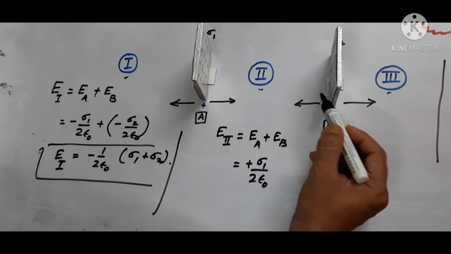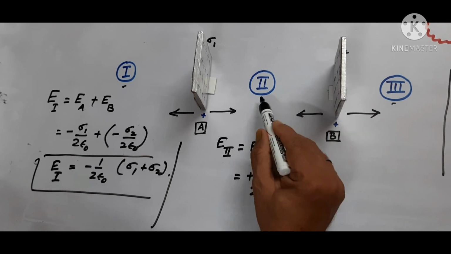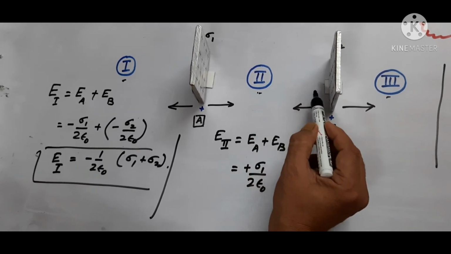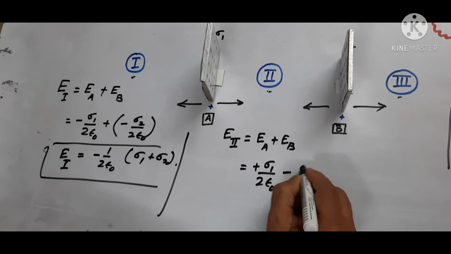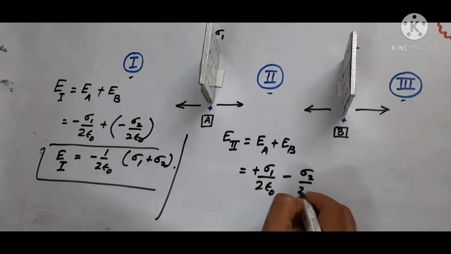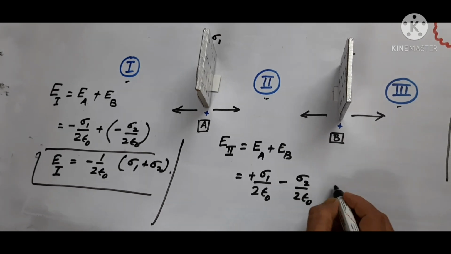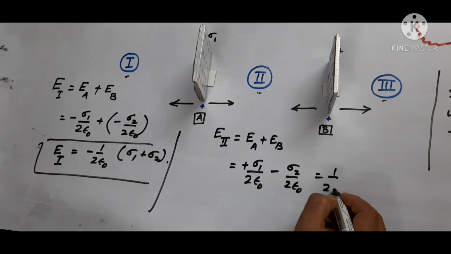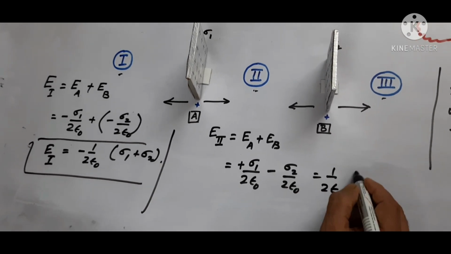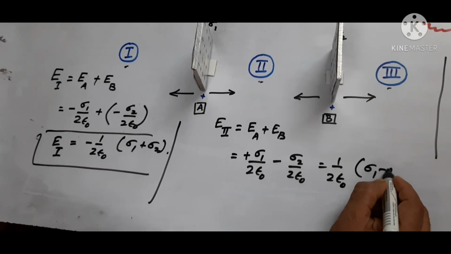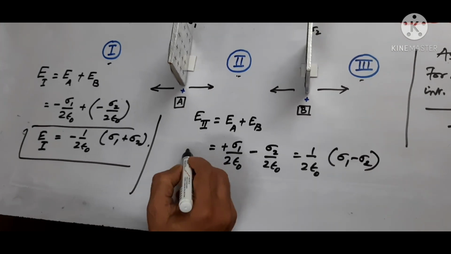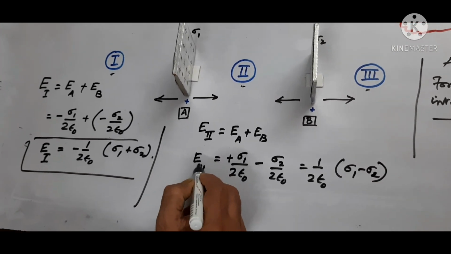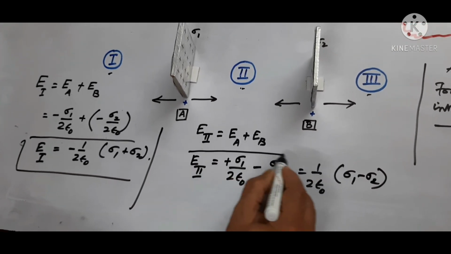And due to the other plate we have to move left side, because the point is here. Left side means negative, minus sigma 2 by 2 epsilon naught. That comes to 1 by 2 epsilon naught common, sigma 1 minus sigma 2. So this is your electric field intensity at region 2.